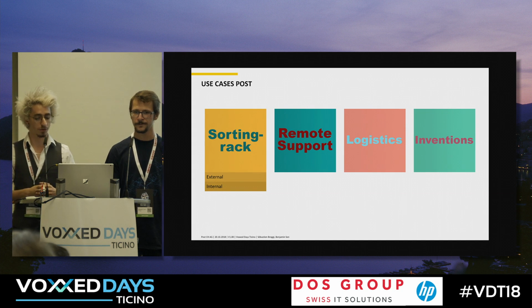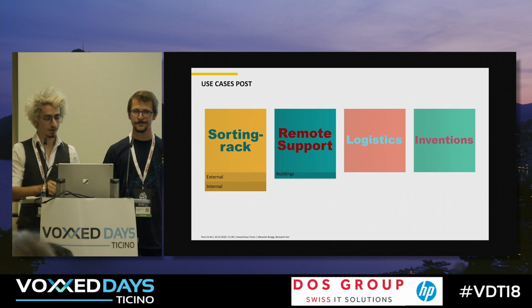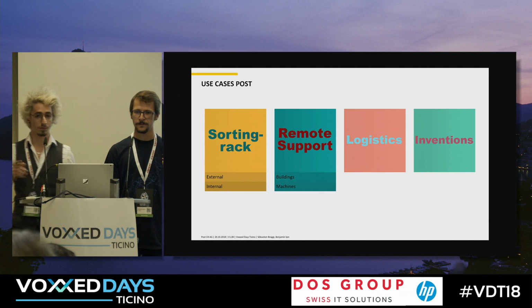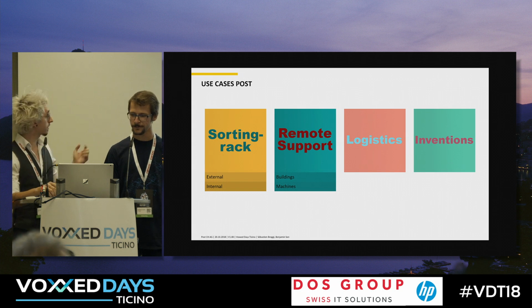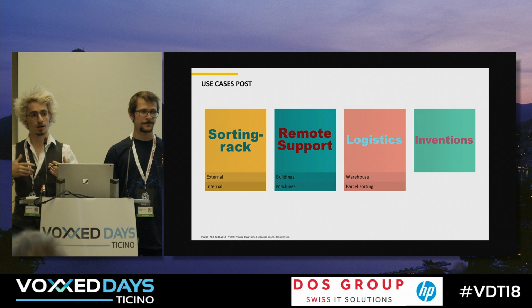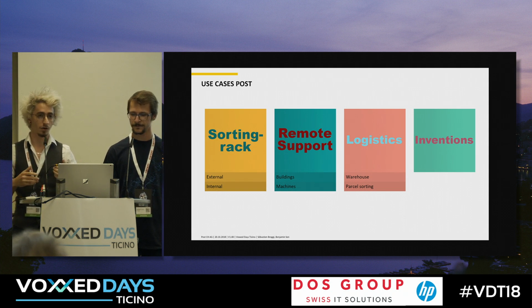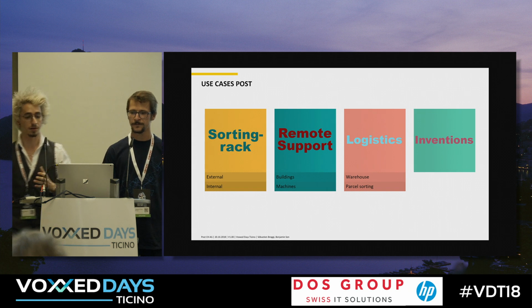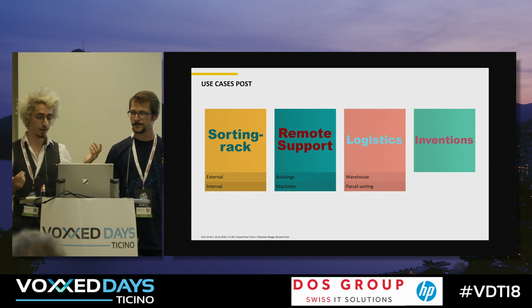Then we have remote support. This is mainly used for maintenance and checkups in buildings or for machines. Then we have logistics cases. There we did some proofs of concept for improving warehouse processes and parcel sorting. And last but not least, we have inventions, which we'll mention later on.